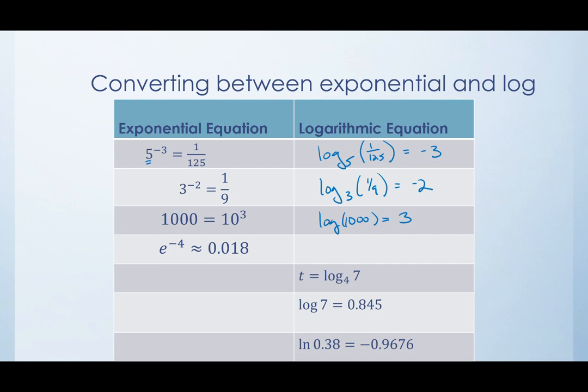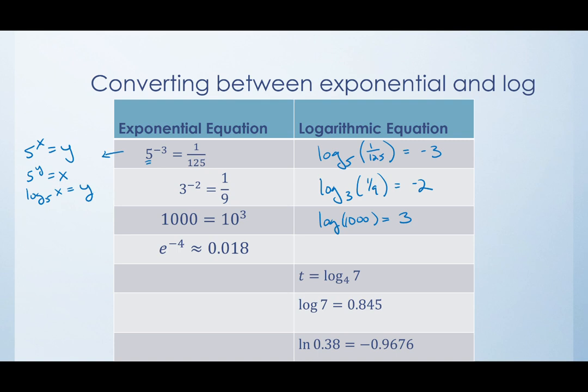Because each one of these, we're taking 5 to the x equals y, and we're rewriting, for instance, this one, and we're rewriting this. We're saying, okay, 5 to the y equals x, so log base 5 of x equals y, right? That's what we're doing here.